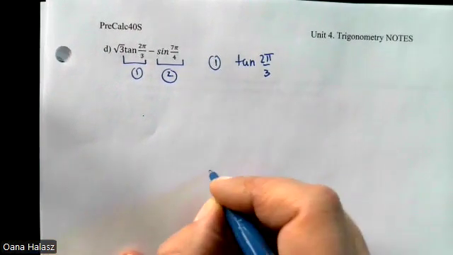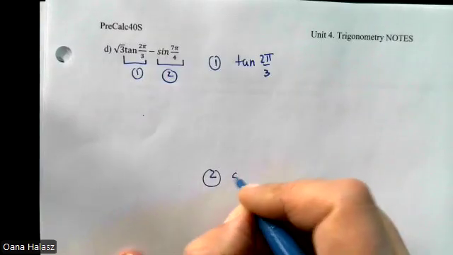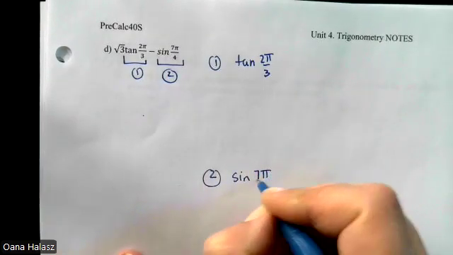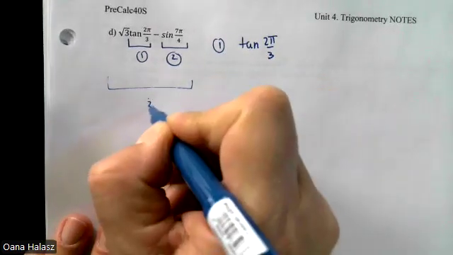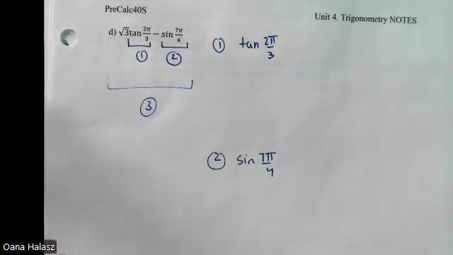And then secondly, I would do what is the sine of 7 pi over 4. And then third, I would put them all together, right? And depending on the question, you might have multiple steps, and not only 3 steps, you might have more than that, but always isolate the types of calculations the way we first introduced them.